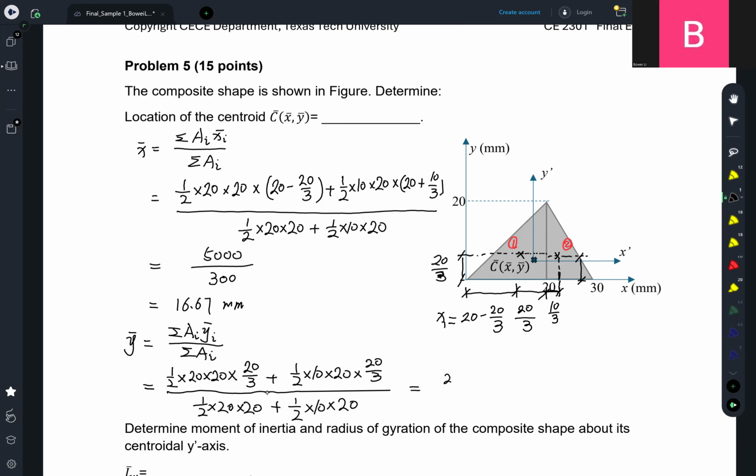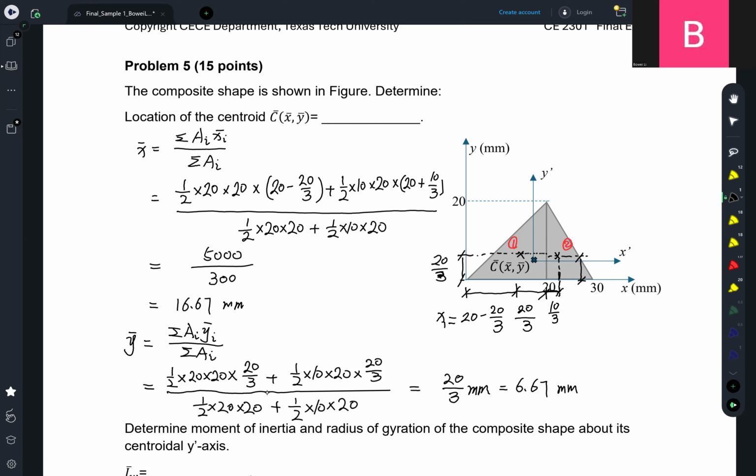And we know that it will directly be 20 over 3 millimeter here, which equals 6.67.